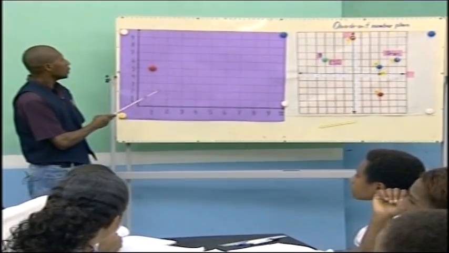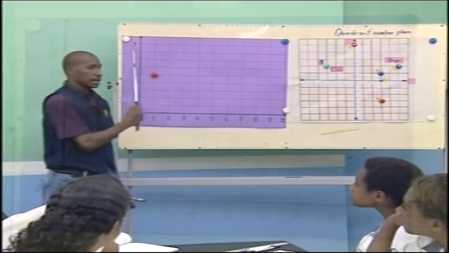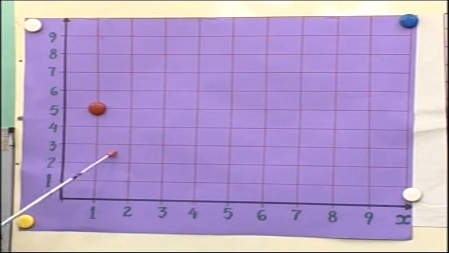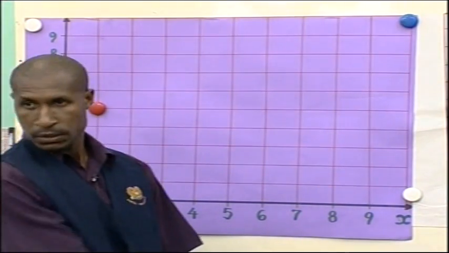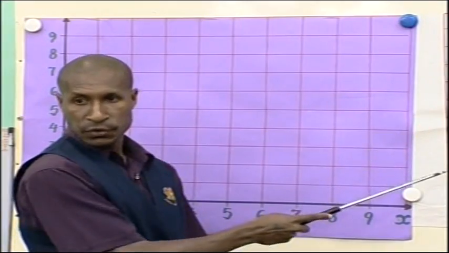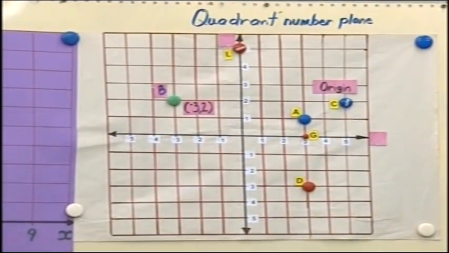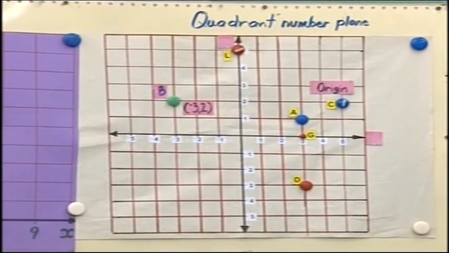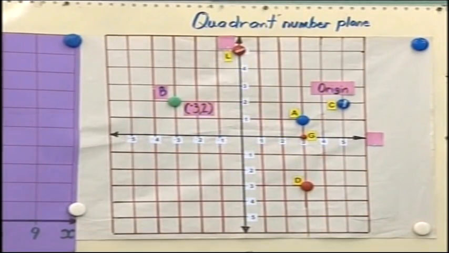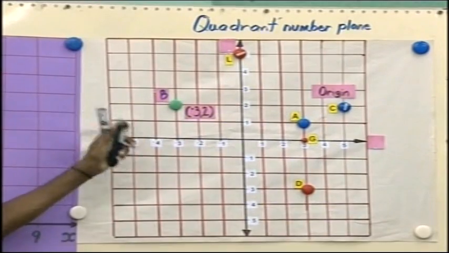The one on your left is the one that we used in our previous lesson. And the one on your right will be the one we will use in today's lesson. You can see, the one on your right is called a quadrant number plane. So we will be using the quadrant number plane for today's lesson.